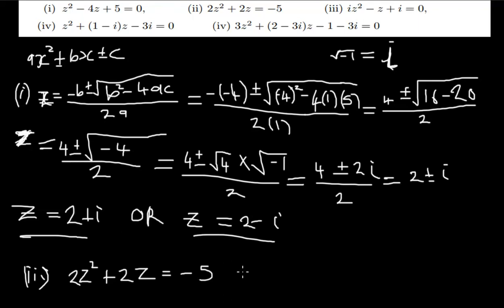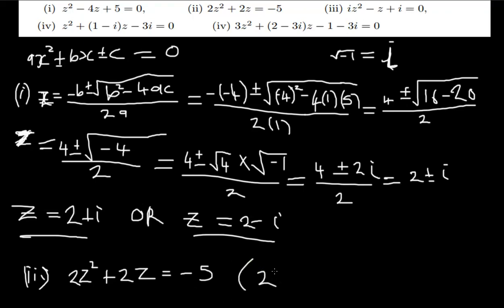So this question, the first thing you just need to do is to arrange it. Let it be in this form. You make sure that it is in this form for you to use the quadratic formula. So meaning, in short, you're just taking this negative 5 to this side. So when you take that negative 5 to that side, it will just be like this.